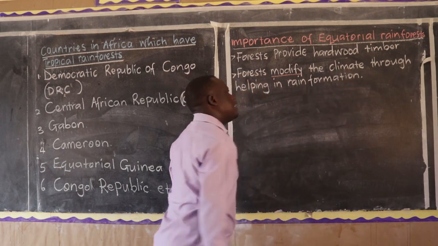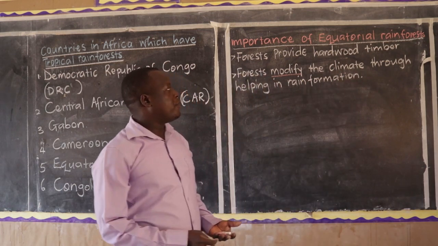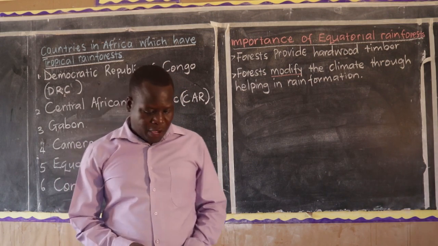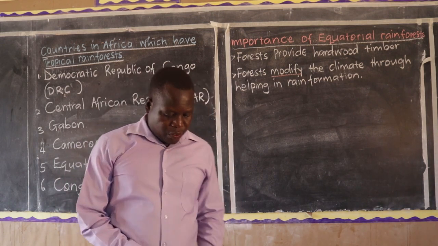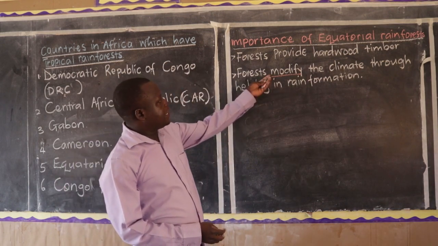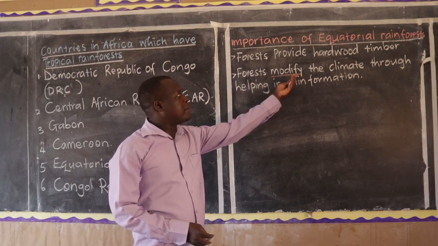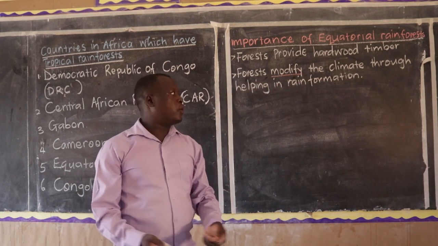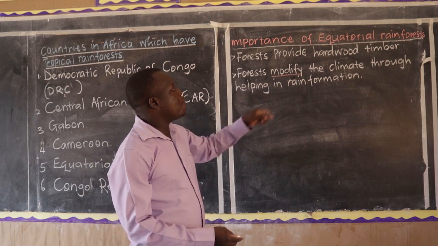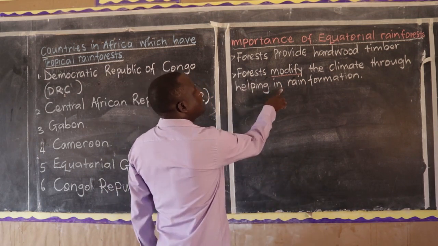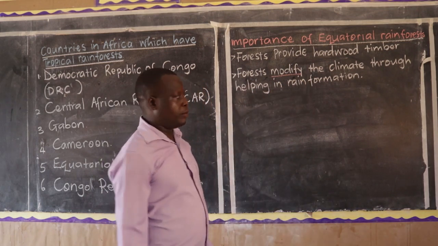That is the way in which forests modify the climate of an area. So if they ask you how forests are important, they modify the climate, they say how do they do so? They help in rain formation. How do forests help in rain formation?